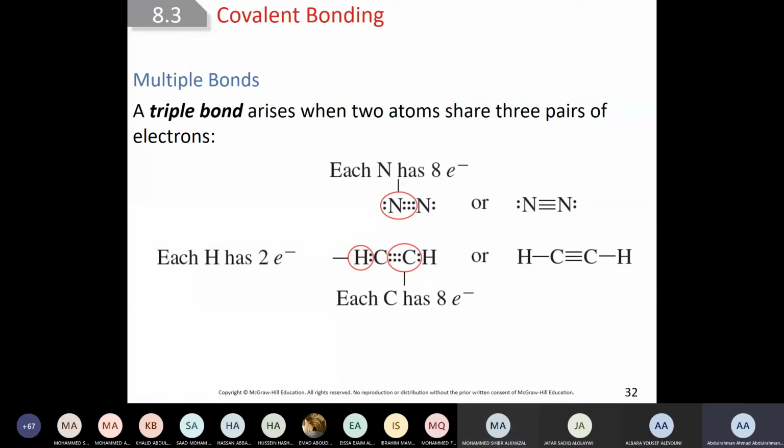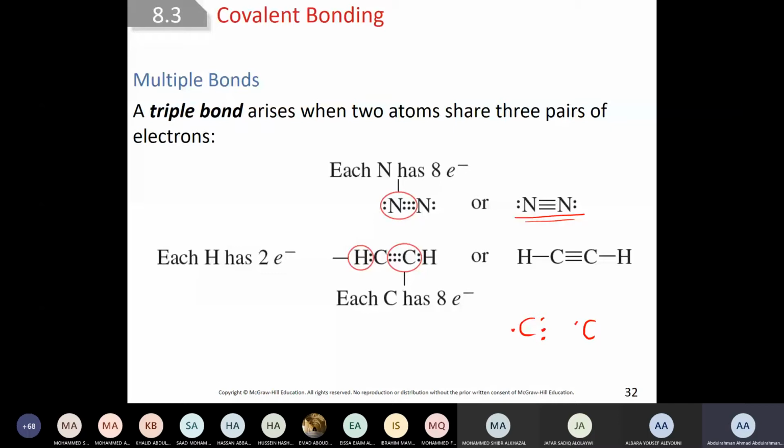All right. And this is a triple bond. We saw that we did this many times. I'll do this one now. The carbon, how many electrons around it? 4: 1, 2, 3, and 4. And the other carbon also has 4: 1, 2, 3, and 4.